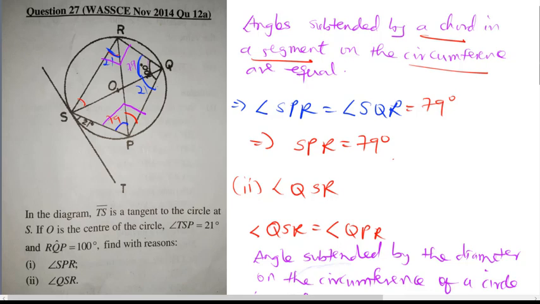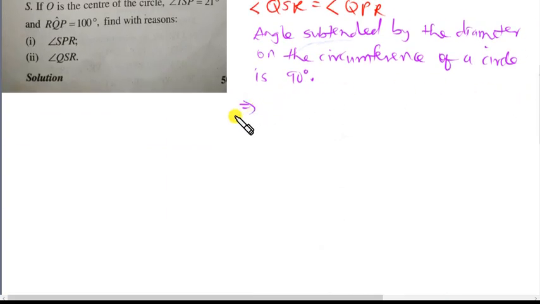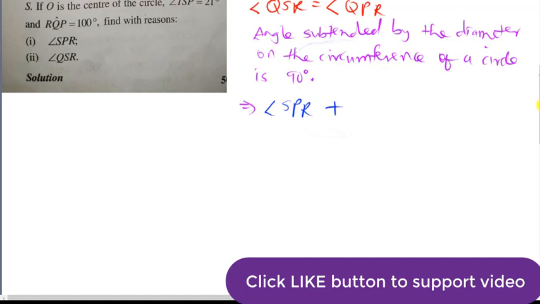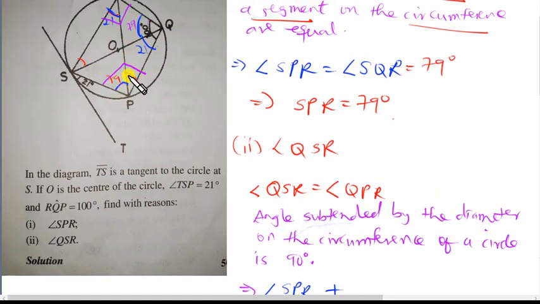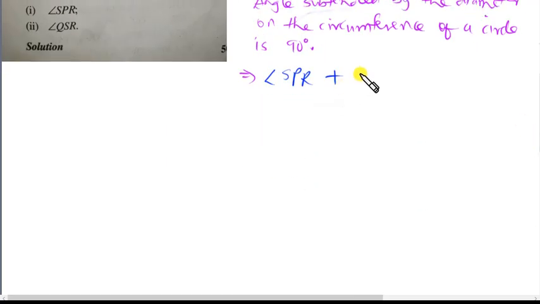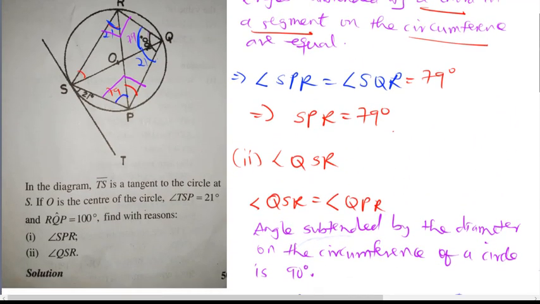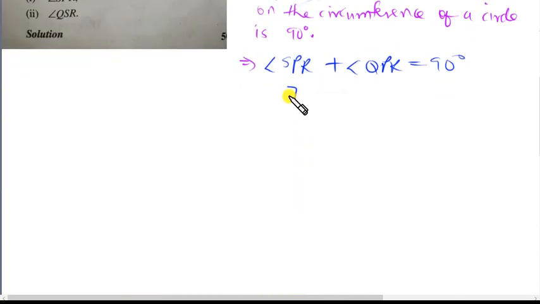So this implies that angle SPR plus the angle QPR is equal to 90 degrees. But we know SPR as 79 degrees. We don't know QPR, so that is the angle we are finding currently.